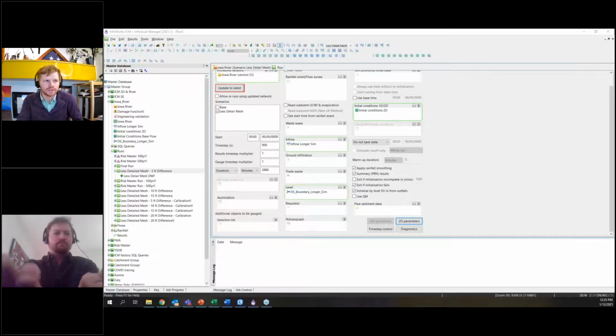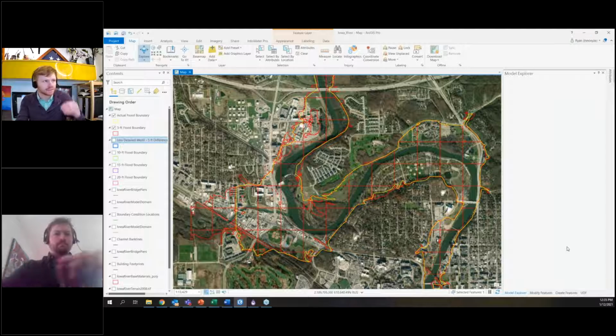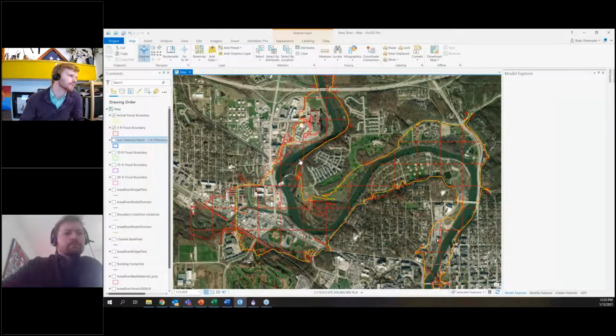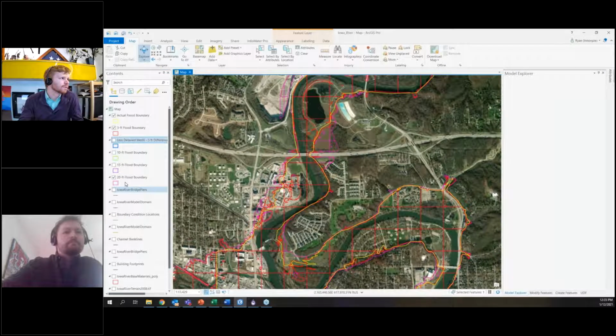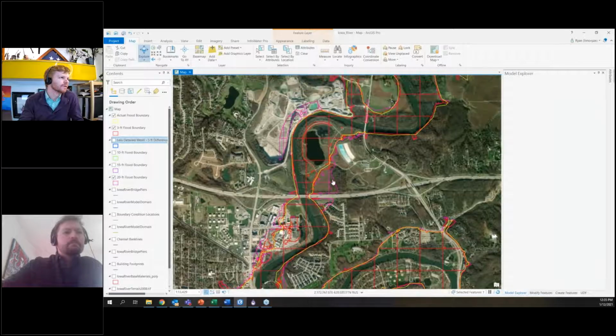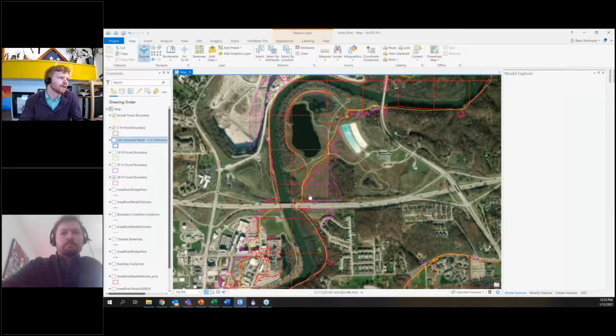And this kind of goes into one of the questions I saw about spatial differences and being able to see these exported flood maps. So I have the actual flood boundary here, and then I have checked on right now the 3-foot boundary. If I compare this to this 20-foot flood boundary, you can see some pretty big differences.